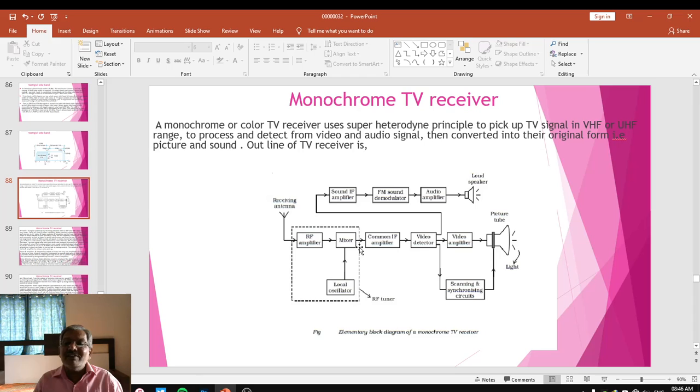The output of the mixer so obtained is given to the IF amplifier, which is common for audio and video signals. After that, the video signal is detected. Here, the audio signal is bifurcated, the video signal is bifurcated, and also the horizontal and vertical pulses are bifurcated.